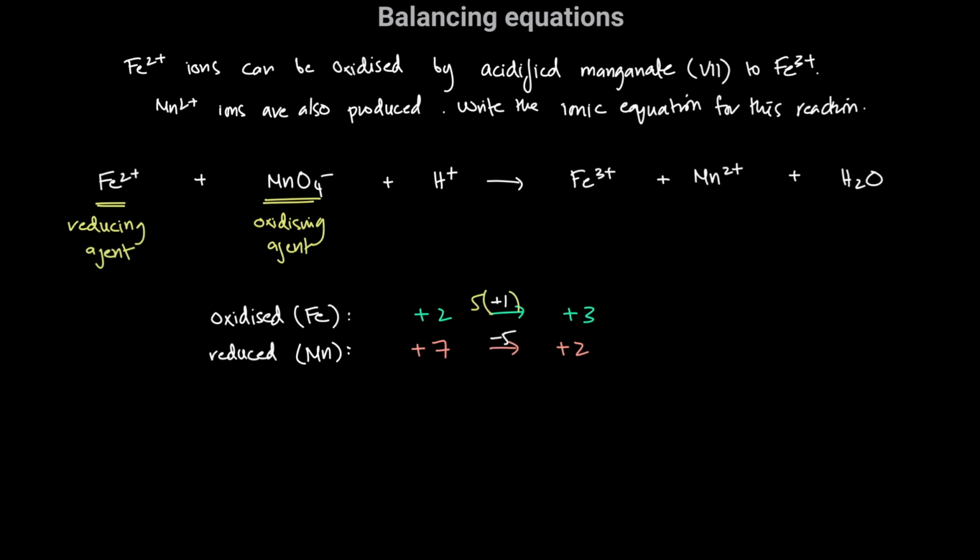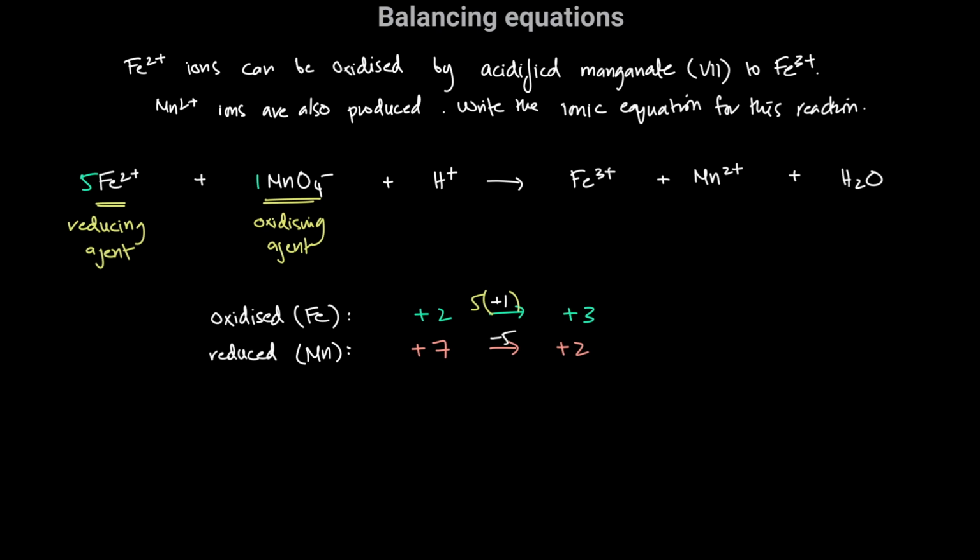Since manganate(VII) wants 5 electrons and each iron is only giving 1 electron, we need 5 Fe2+ for every 1 manganate(VII).